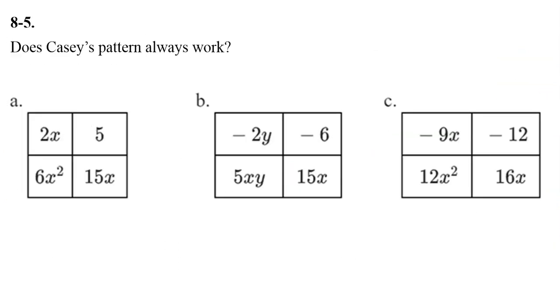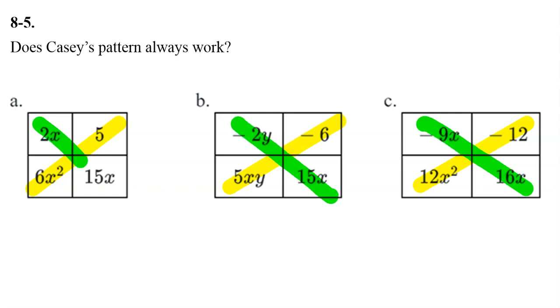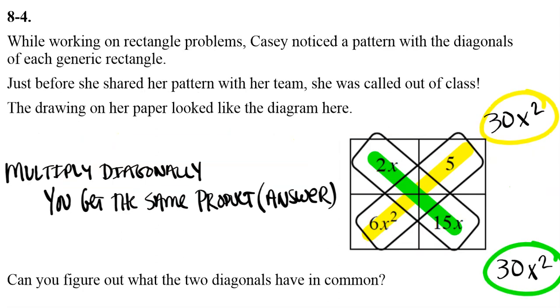Alright, so does it always work? So now we're just kind of looking at this, seeing what's actually happening here. We're going to multiply diagonally and see if we get the same thing. We just went through that with the rectangles that we just did, because these are the same ones that are here.